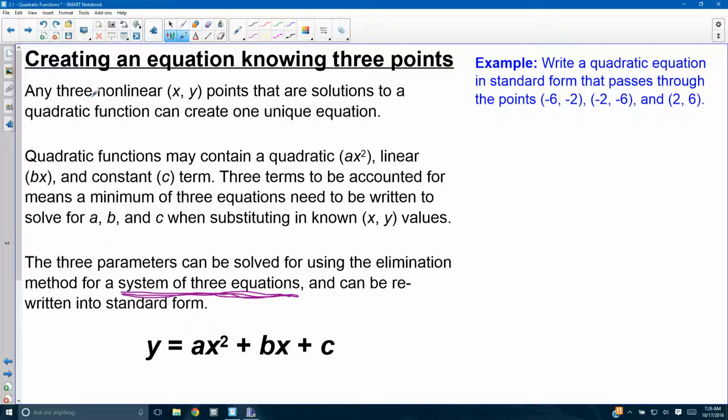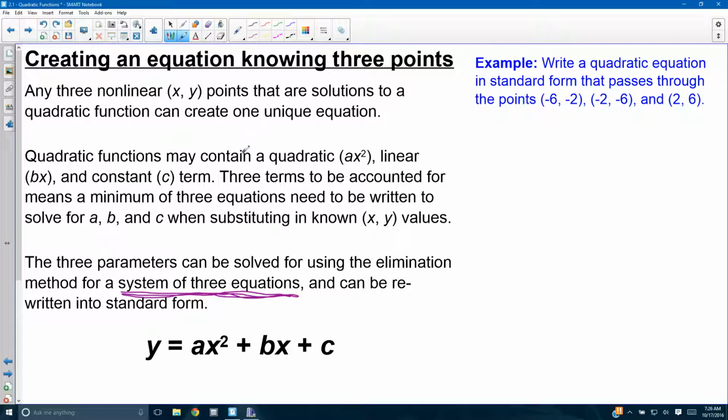So what's going to happen here is you can have, and now we mentioned this before, any 3 non-collinear points that are solutions to a quadratic function. Now, we didn't say we can create one unique equation. But remember when I said that you can give me any 3 non-collinear points? You can create a graph out of that. There is only one graph that can be made out of those 3.